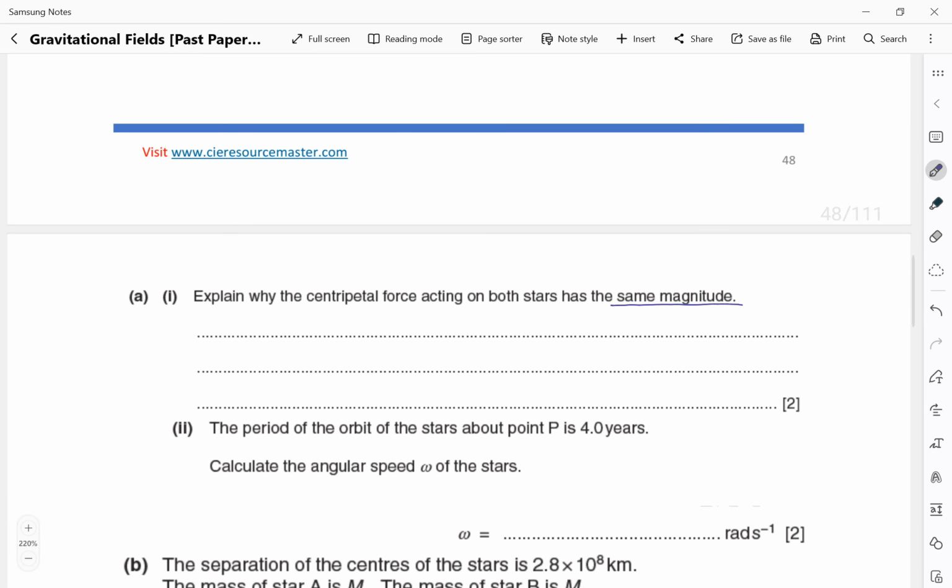So precisely what I'm saying is that the centripetal force is provided by the gravitational force, but by Newton's third law, the gravitational force is the same but in opposite directions.